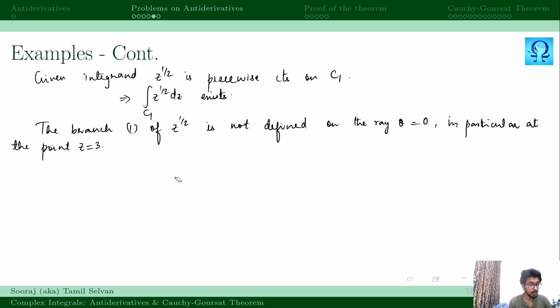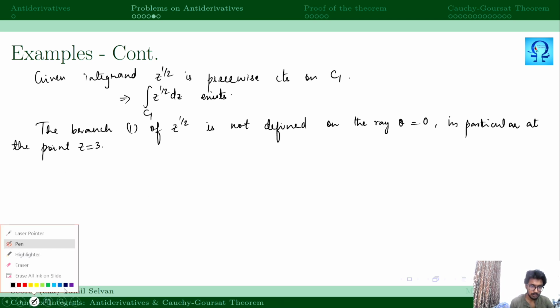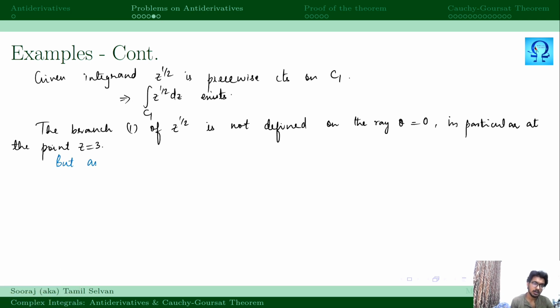Okay, if you are about to consider another branch, let me write that in a different color. Another branch, let me write that as f1 of z, which is square root of r e to the power iota times theta upon 2, with r positive and theta lying between minus pi by 2 and 3 pi by 2.